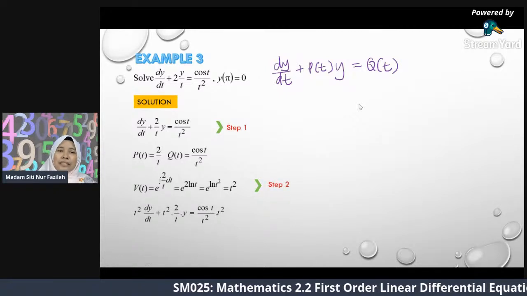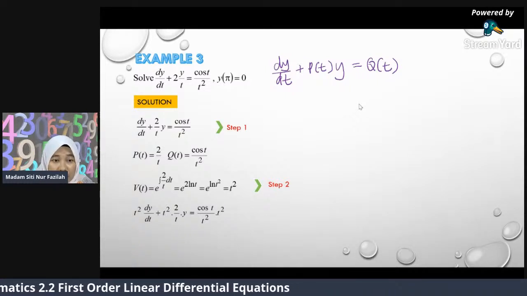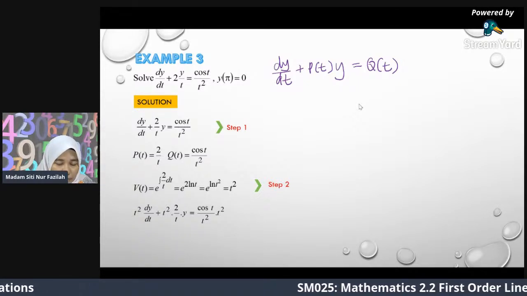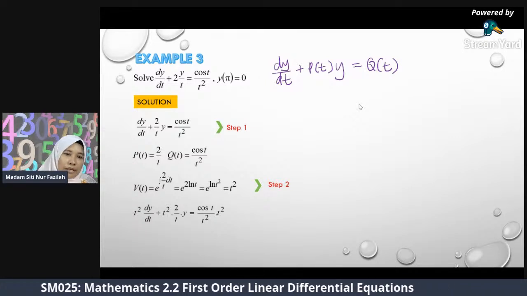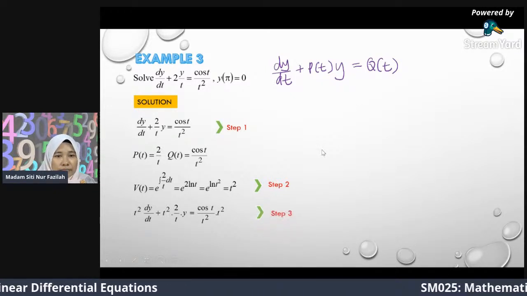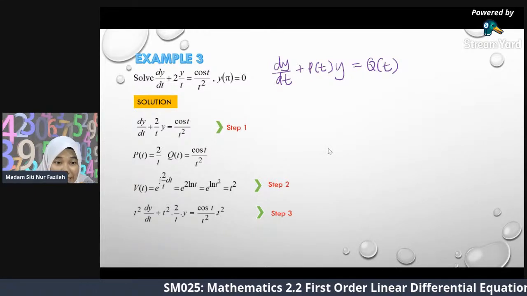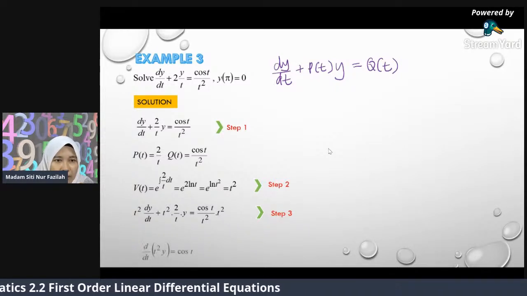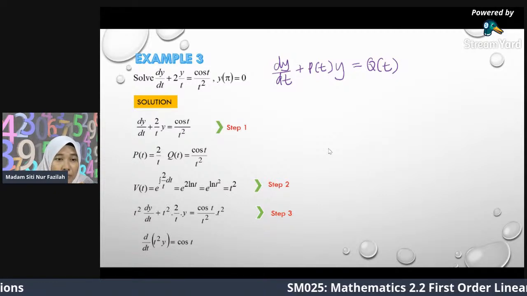Step 3, we multiply t square with step 1. That's why we get t square dy over dt plus t square multiplied with 2 over t y equal to cos t over t square multiplied with t square. This is step 3. For step 4, we must write d over dt, not d over dx, d over dt of v(t) y.